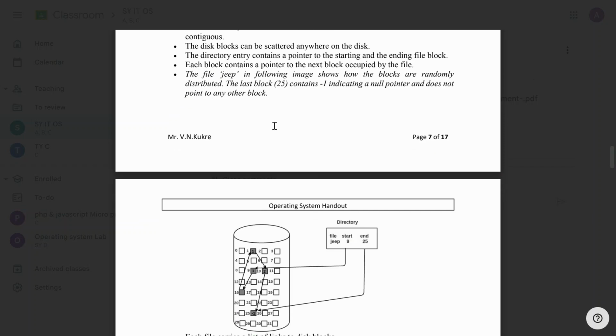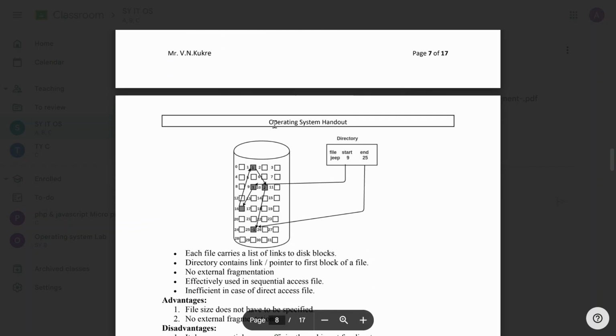So we can see here in the directory there is a zip file which has 9 as the starting block address, and the end will be at 25. The directory points directly to the ninth block.